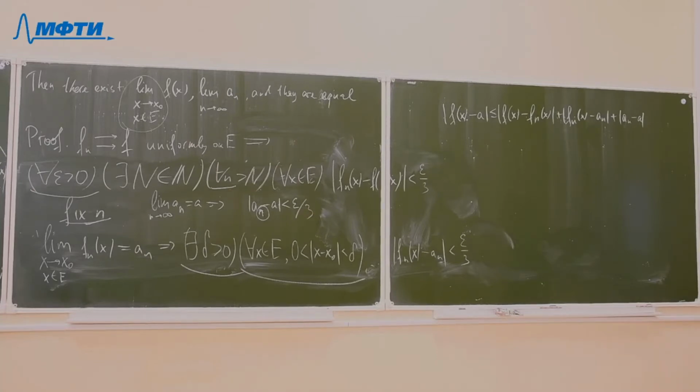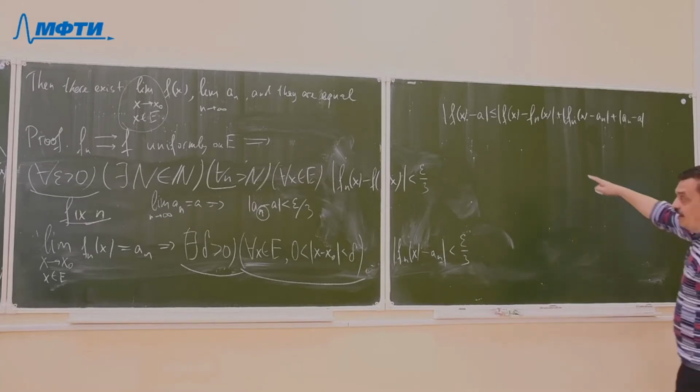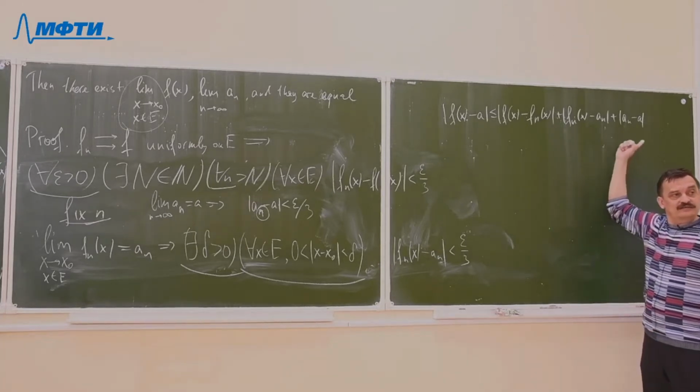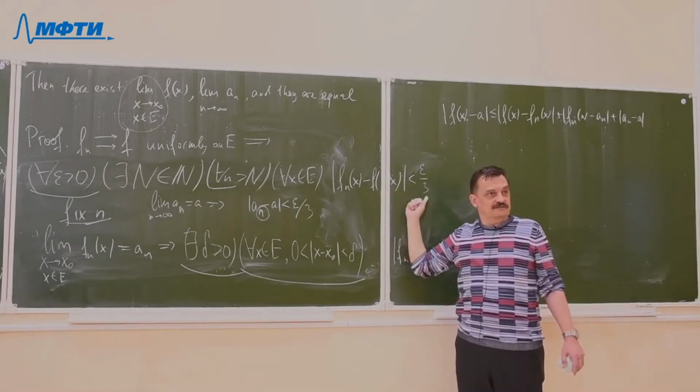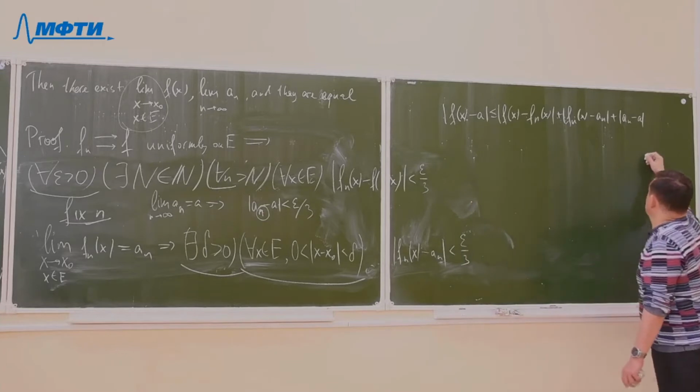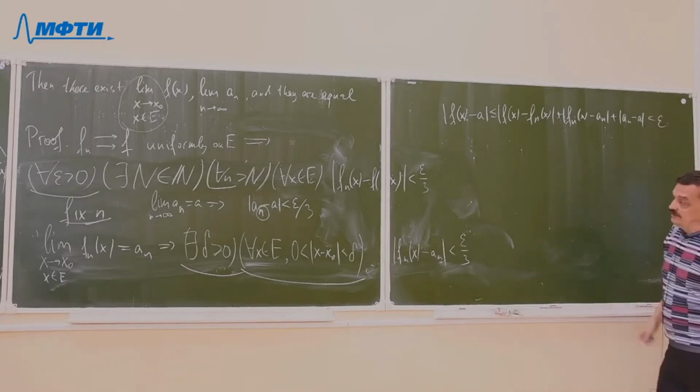And now look, every term here is less than epsilon over 3, right? So the sum is less than epsilon, and now look.